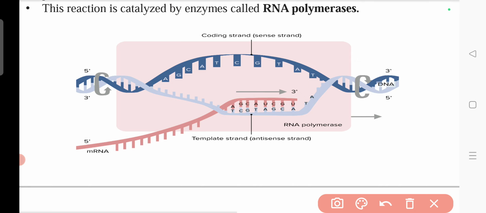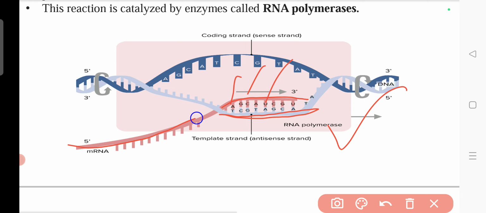Whatever nucleotides are present in the template strand, their opposite nucleotides keep getting attached by the RNA polymerase, and ultimately a long messenger RNA molecule is formed.